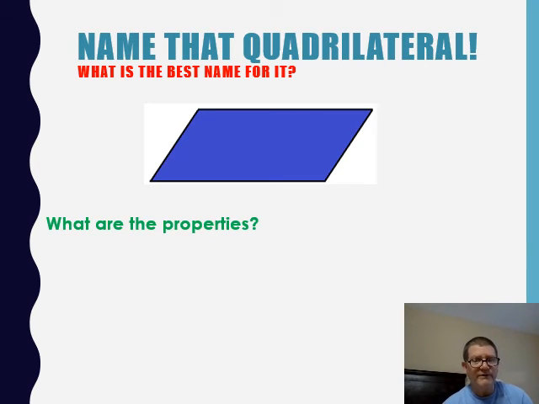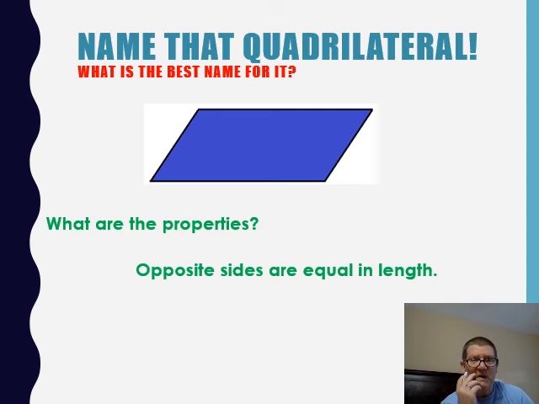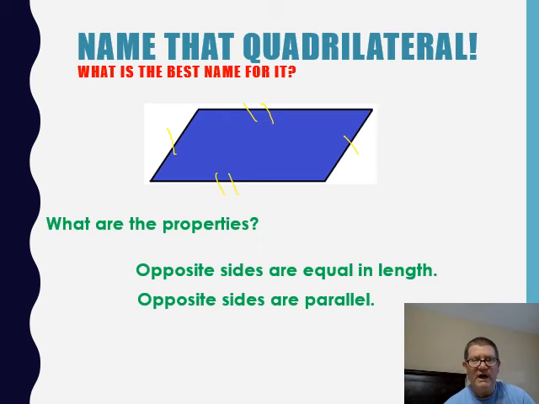Okay, so the properties for this are opposite sides are equal length, and we can see that because this side is equal to this side, and this side here is equal to this side. Opposite sides are parallel.